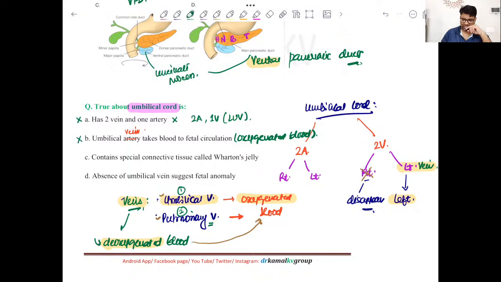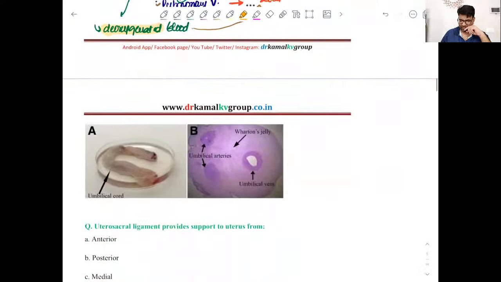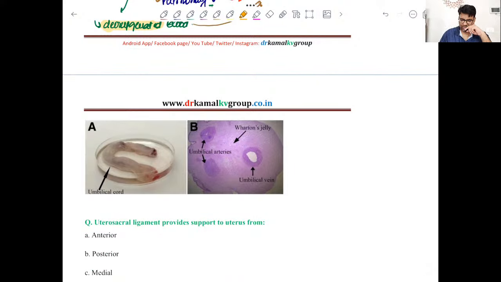Yes, Raja, Charan, Sunny. This is the right answer, because when we see the cross section of the umbilical cord, we will see that there is Wharton's jelly, right? And in this you will find two arteries.